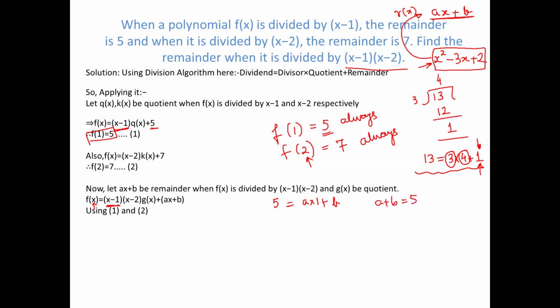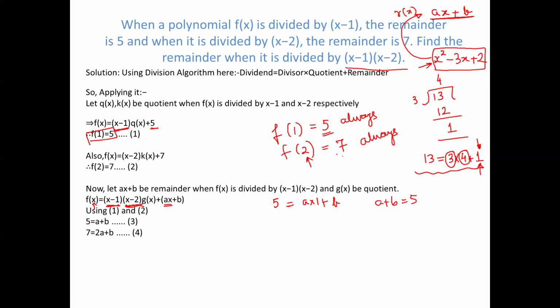Similarly, when we substitute 2, we get 2a plus b equal to 7. Again the second part will become 0, and then we get 2a plus b, because we have substituted 2 here, and we already know the value of the function at x equal to 2 is 7.